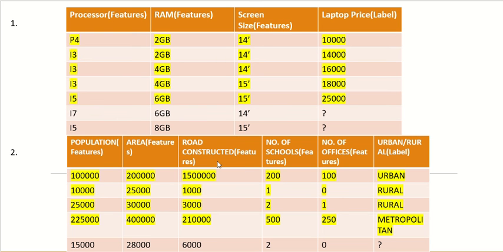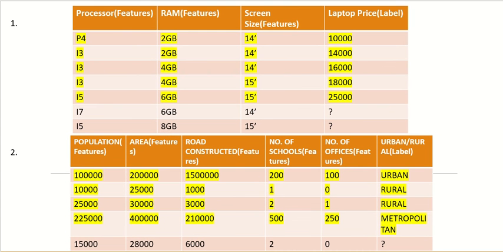Then we have reinforcement learning. Now reinforcement learning is slightly different. In reinforcement learning, we definitely do not have the labels, and we also have a different goal for the machine.